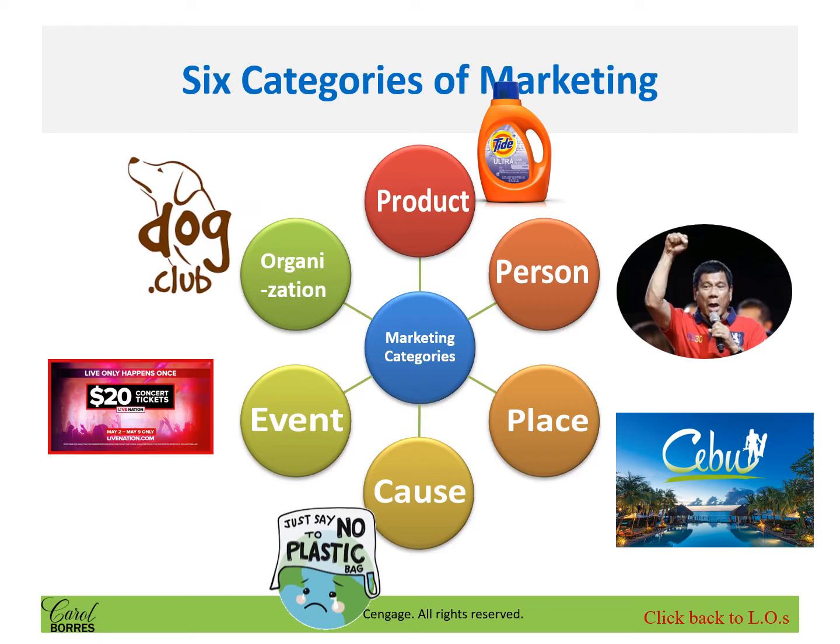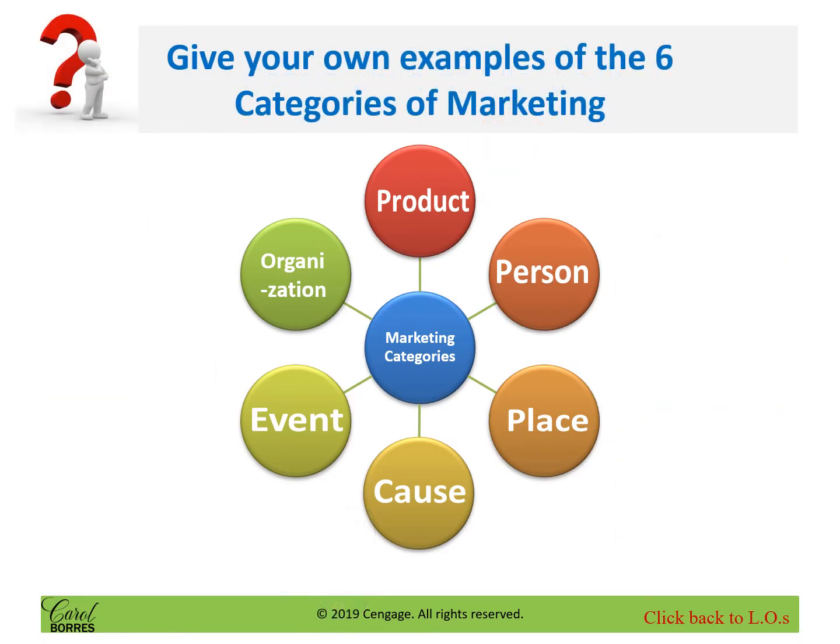Next is organization marketing, which are efforts of mutual benefit organizations or service organizations and government organizations that seek to influence others to accept their goals, receive their services, or contribute to them in some way or attract members to their organization. Now think of examples and give your own ideas of the 6 categories of marketing.